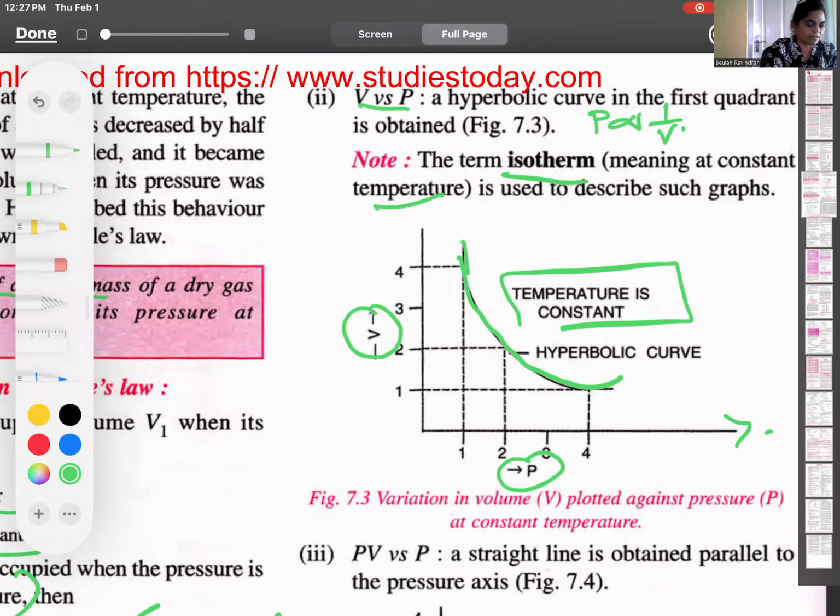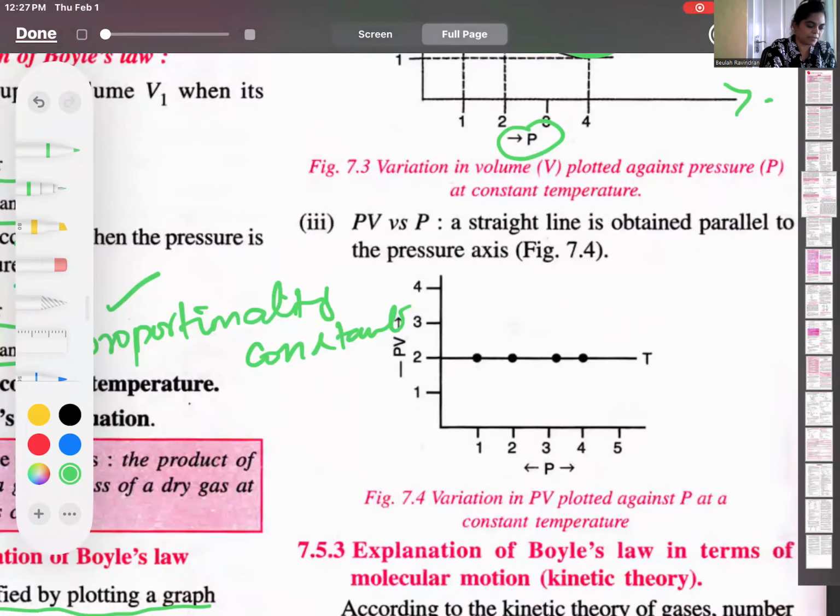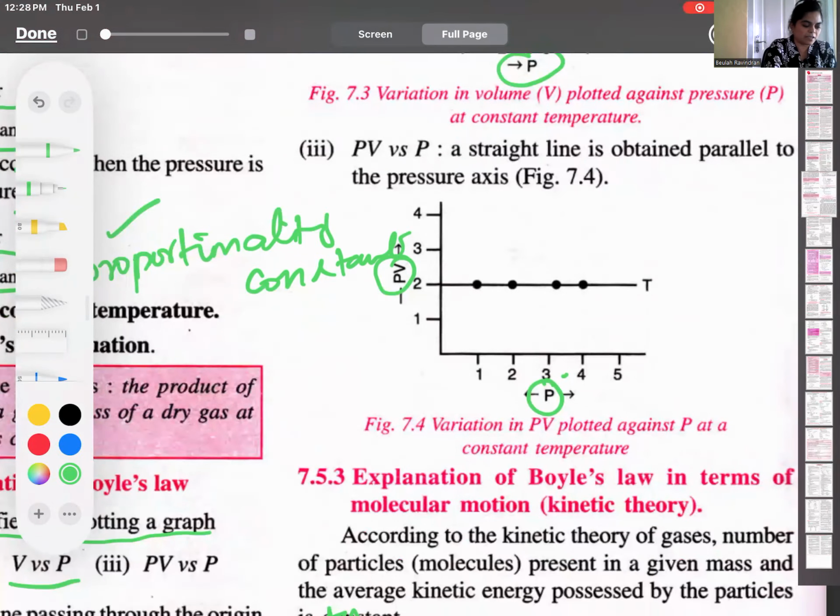Then PV versus P. If you keep PV on the y-axis and P on the x-axis, the product of pressure and volume is constant, as we talk about.